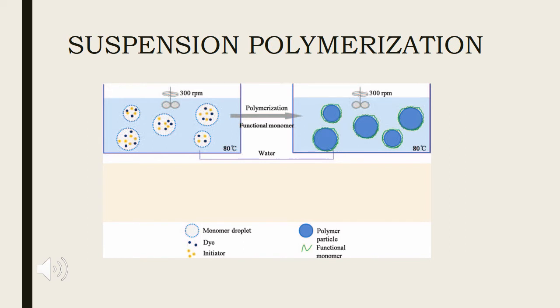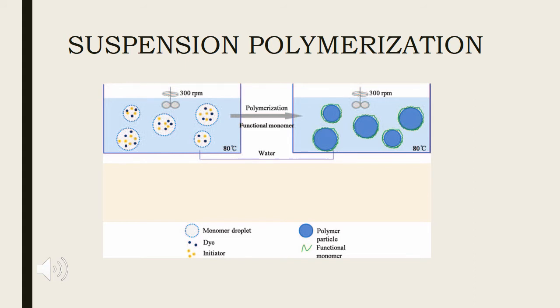Suspension polymerization. In this polymerization, monomer is suspended in droplets. The reaction is initiated using initiators such as benzoyl peroxide. Suspension agents such as polyvinyl acetate and talc are added to prevent coherence.